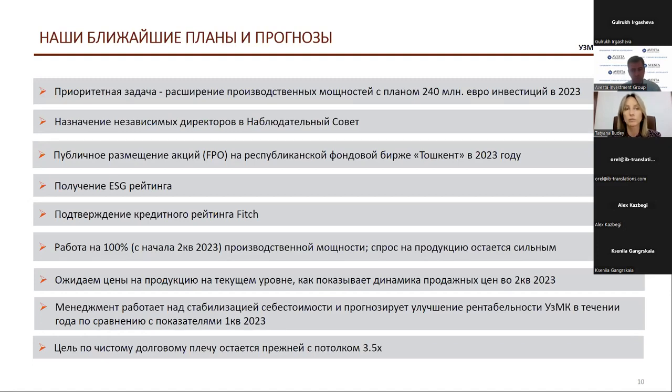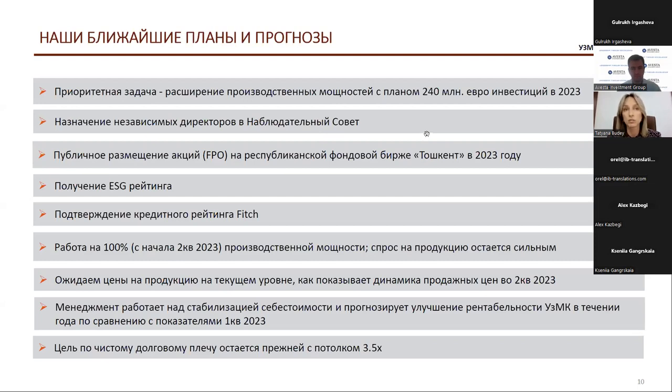Talking about the financial numbers, as I said, we are back to full production capacities starting Q2 2023. We still see strong demand for our products with relatively stable pricing, and we constantly work to reduce cost of goods sold, and we believe that margins at Uzbek Steel on a full year basis will certainly be better than Q1 2023.